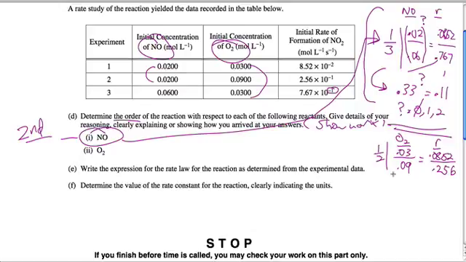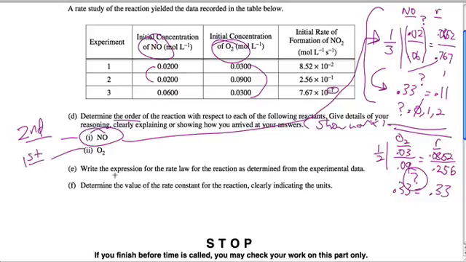Where are you, calculator? 0.03 divided by 0.09 is 0.33, and 0.0852 divided by 0.256 equals, oh, look at what we have here. So in this one, it's going to be first order. Nice.